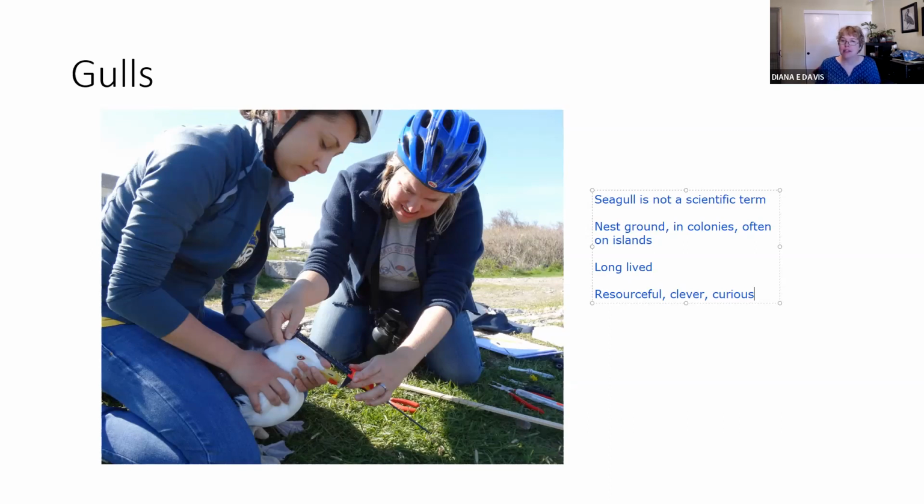Those people can walk around the island without bike helmets. But if you measure the birds and are handling gulls, you cannot walk around the island safely without a bike helmet on. They will come at you, they will hit you in the head, and they will poop on you.